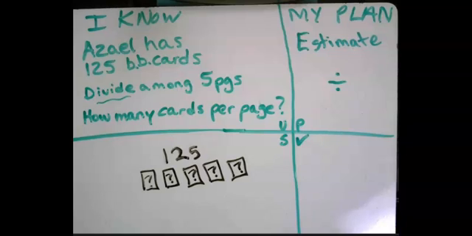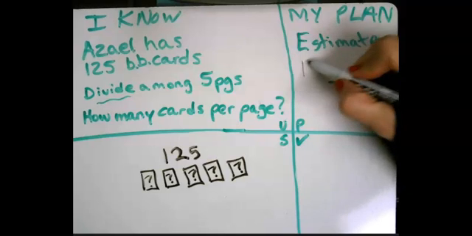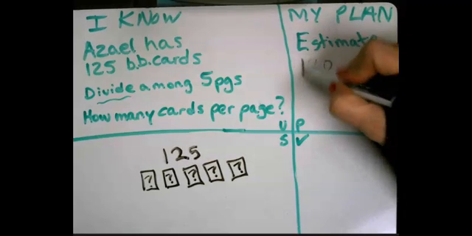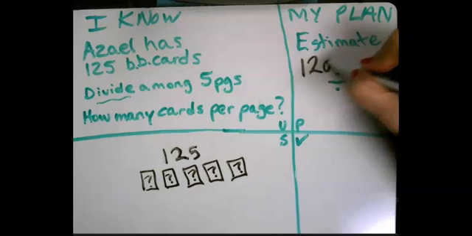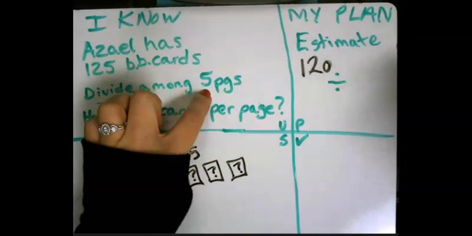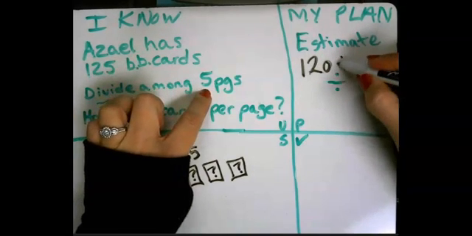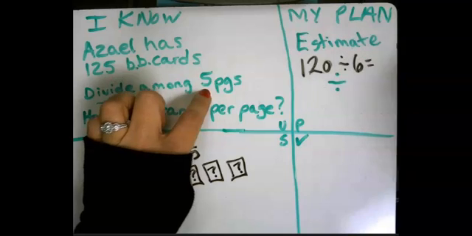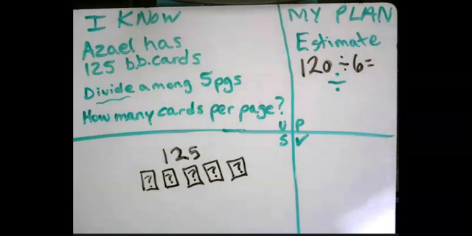I'm going to change 125. I'm going to estimate 120 divided by, I'm going to use 6. It's compatible in my brain anyway. Okay.